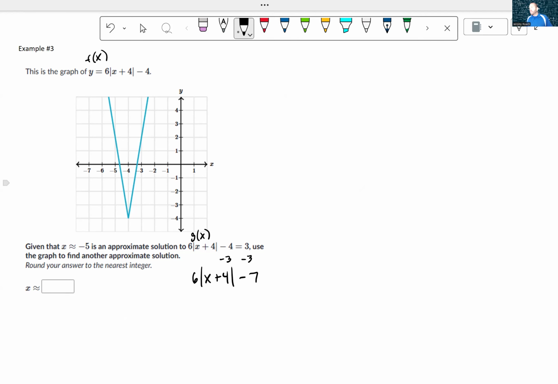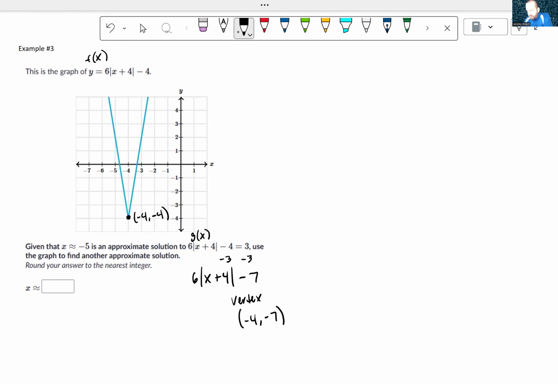So what's happening to this graph is the vertex, instead of being at -4, -4, so this was the original -4, -4, is now at -4, -7. So everything's scooted down 3 units.